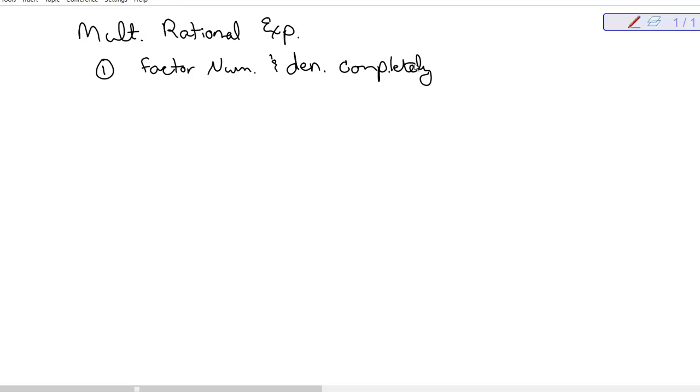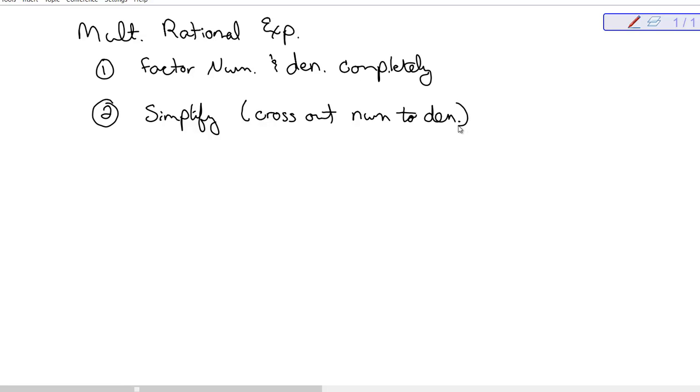And then step 2 is we want to simplify, and what we're doing there is crossing out numerator to denominator.